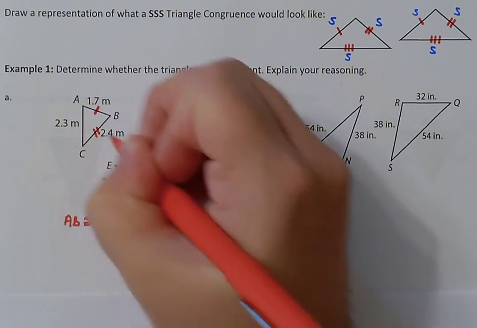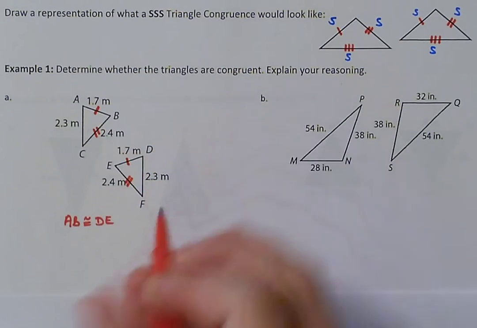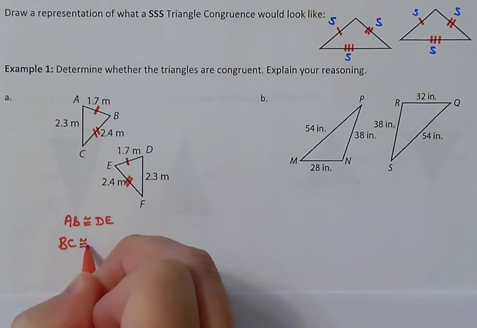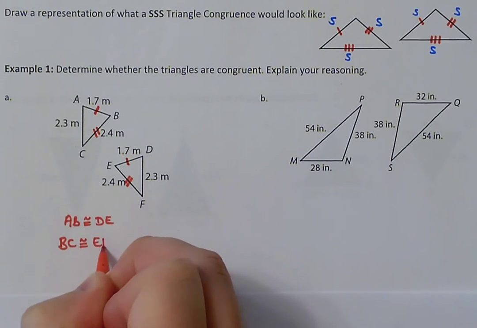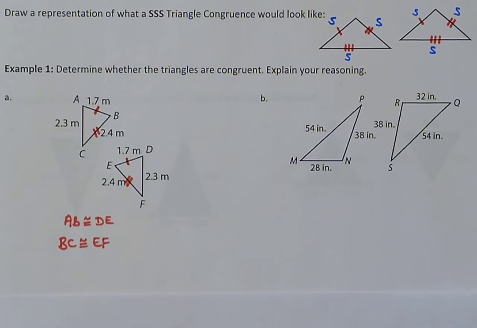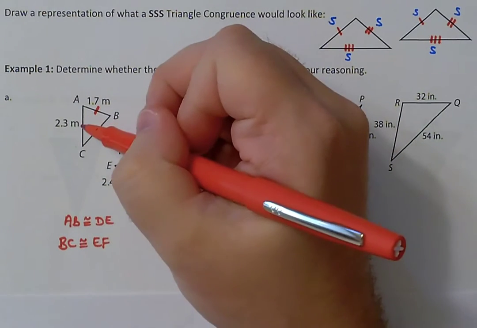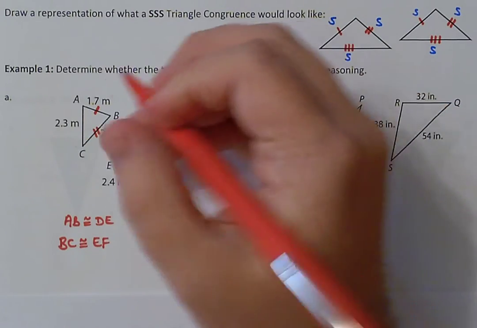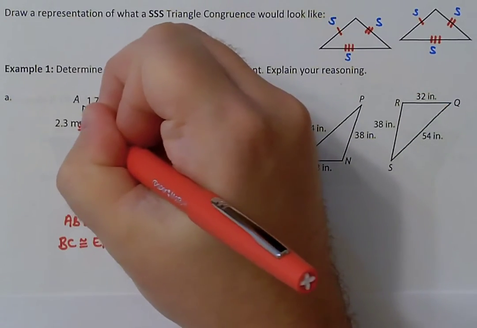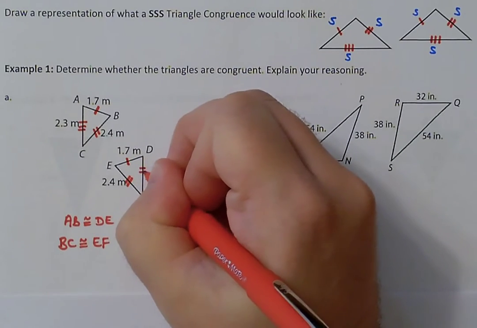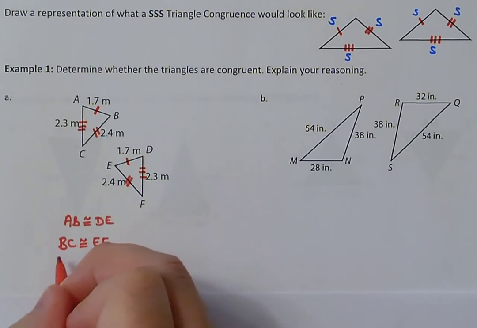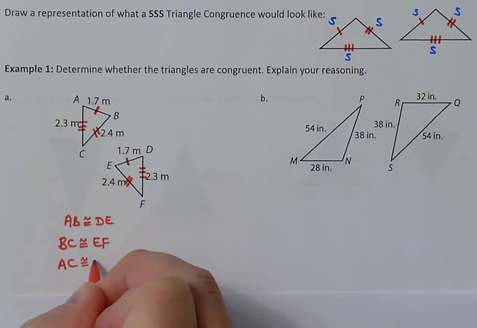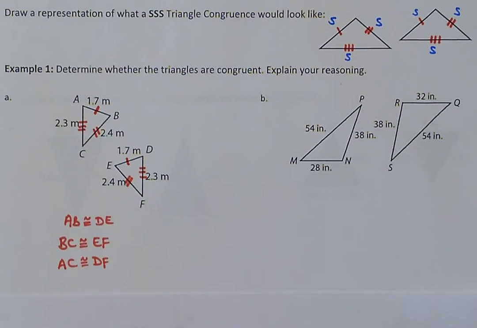So these two sides are congruent. So we have BC is congruent to EF. And then lastly, AC is 2.3, and then DF is also 2.3. So that means this third side is also congruent. So I can say AC is congruent to DF.